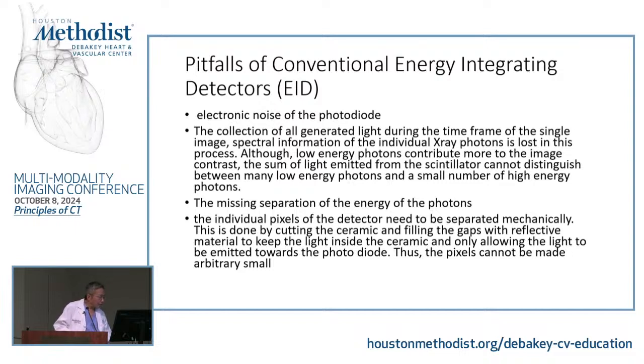And obviously, it cannot separate what energy the photon has. The detector cannot tell what energy the photon is, okay? And also, the detectors that I mentioned are made of ceramic and some type of composite material. Basically, there's a limit to how thin you can make it, right? Whereas if you use electronic pixels, you can reduce the size of the slice.